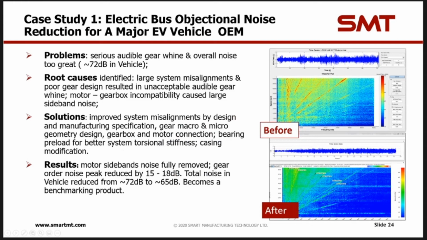So you can see the improvements we achieved. Before, they had a number of orders with significant noise, and then after we optimized it, the contribution of these orders was much reduced.